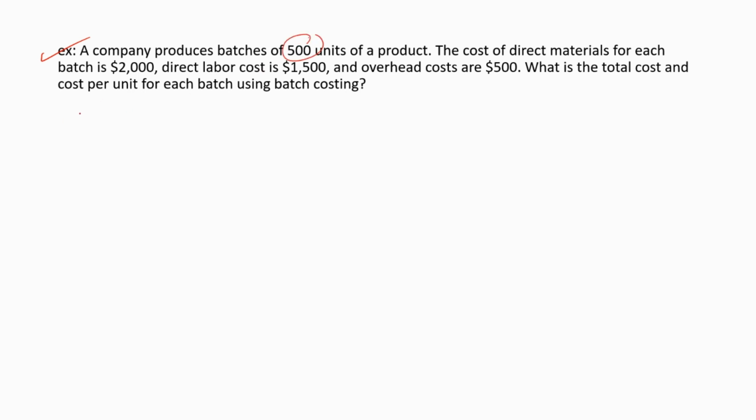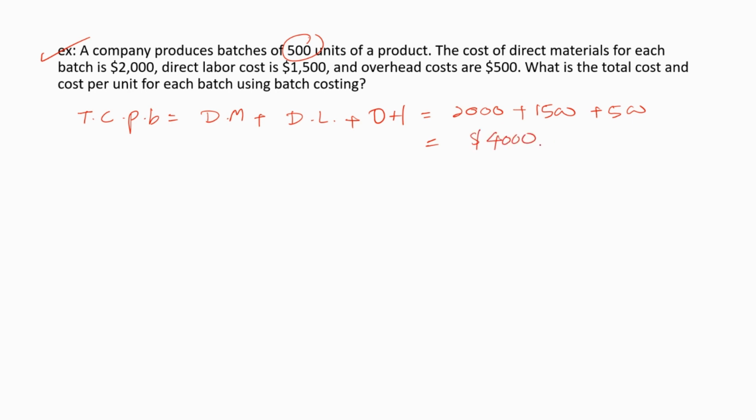Now let's calculate the total cost per batch, which is equal to direct material per batch plus direct labor per batch plus overheads per batch. So $2,000 plus $1,500 plus $500, which is equal to $4,000.